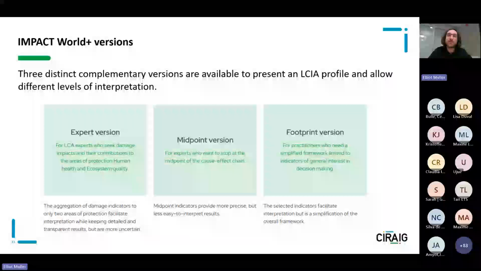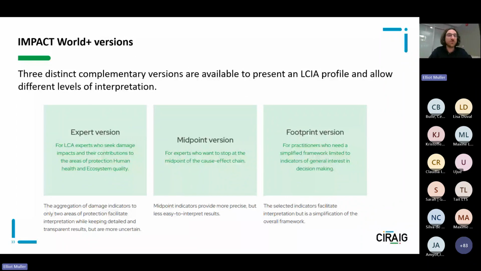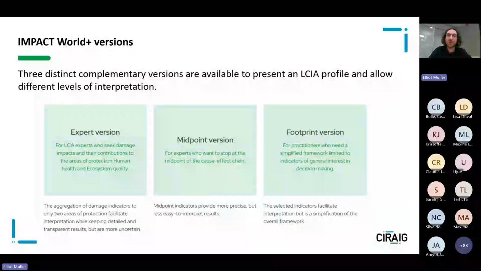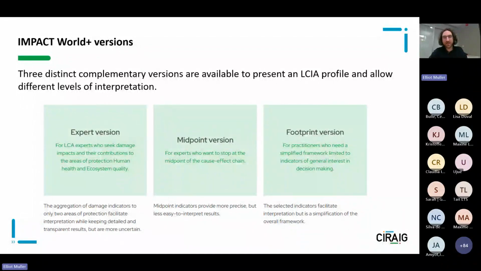And finally, since version 2.0.1 of Impact Plus, we also provide a third variation of this method, which we call the footprint version. The footprint version aims at practitioners who need a more simplified framework that is limited to indicators of general interest in decision making. Once again, I'll be talking a bit more about it in the later slides.